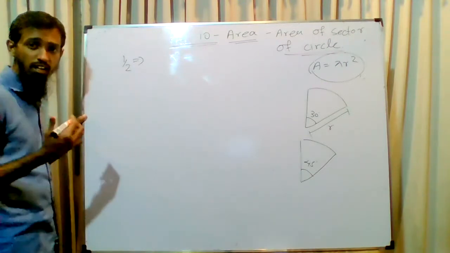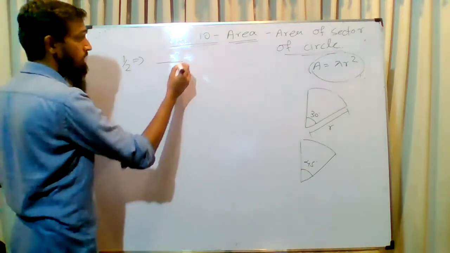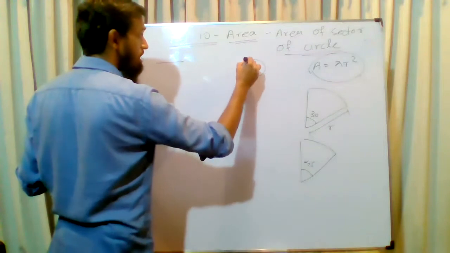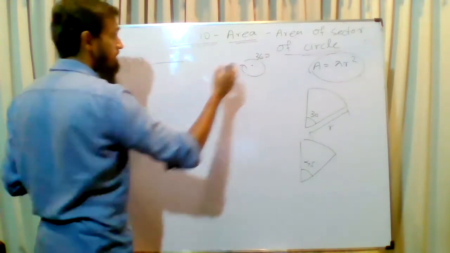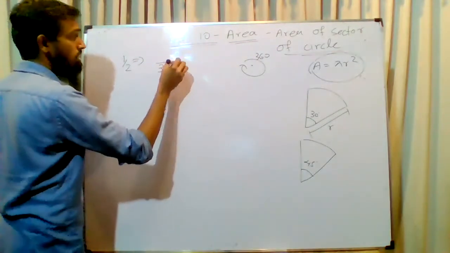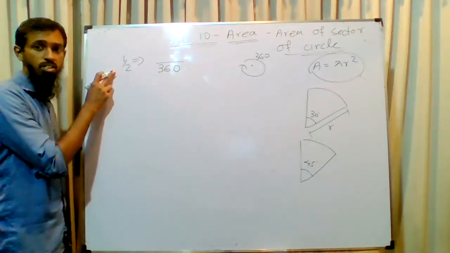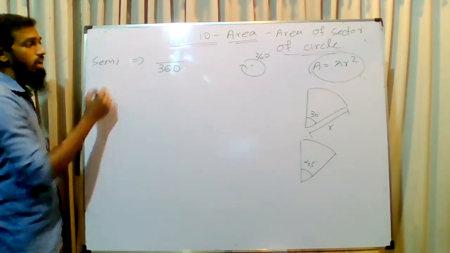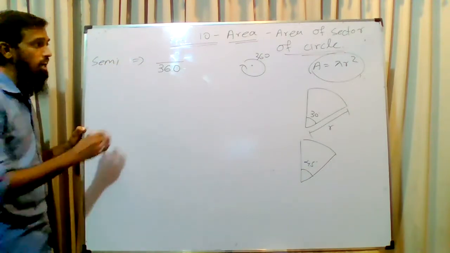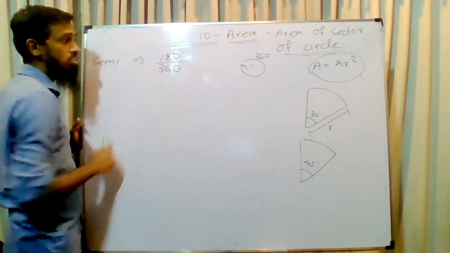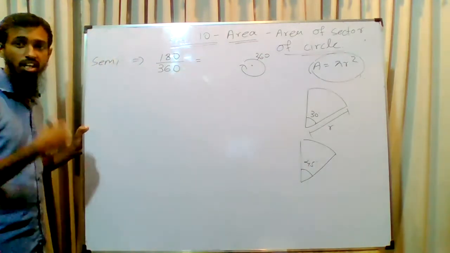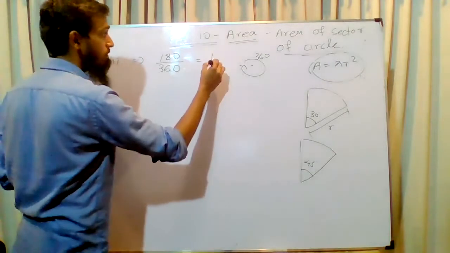For a circle, the angle around a point is 360. In the semicircle, what is the center angle? 180. So the portion of the semicircle to the entire is half.